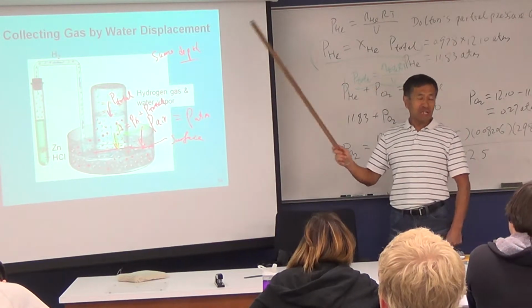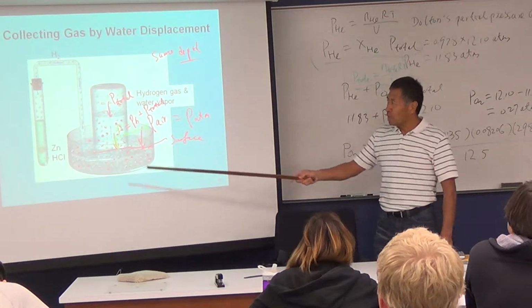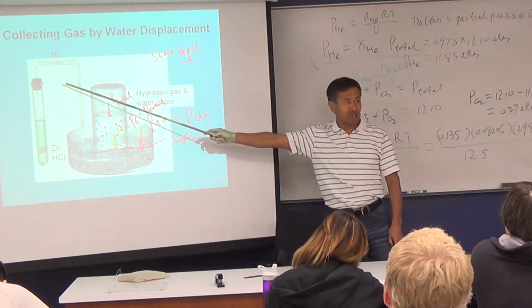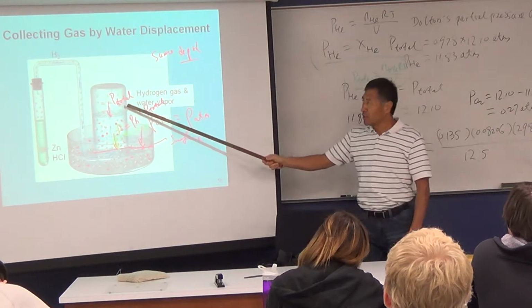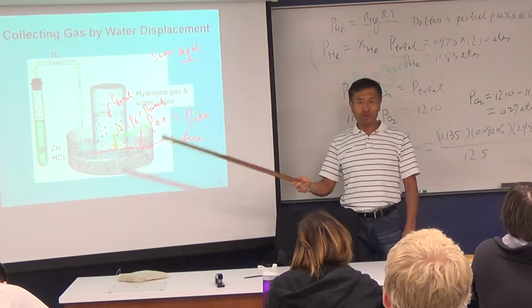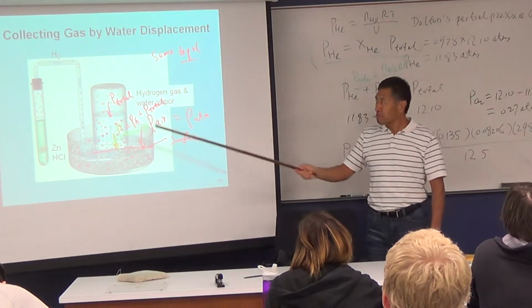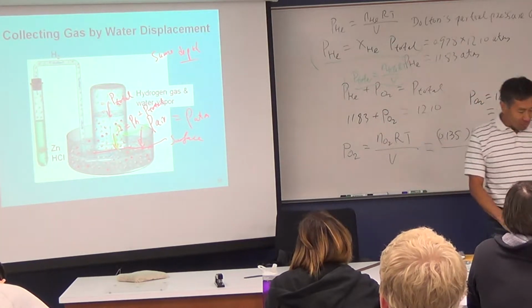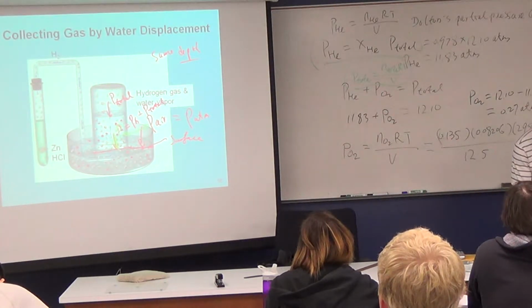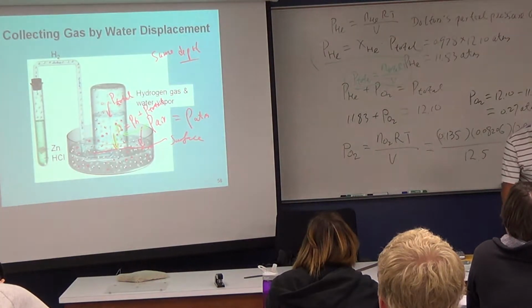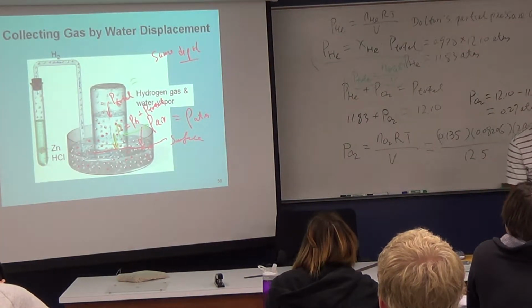What is interesting to us is what we collected. What we collected is, for example, this gas, H2. Now this P total not only comes from the H2. So what altogether gives us the P total? This P total equals what?